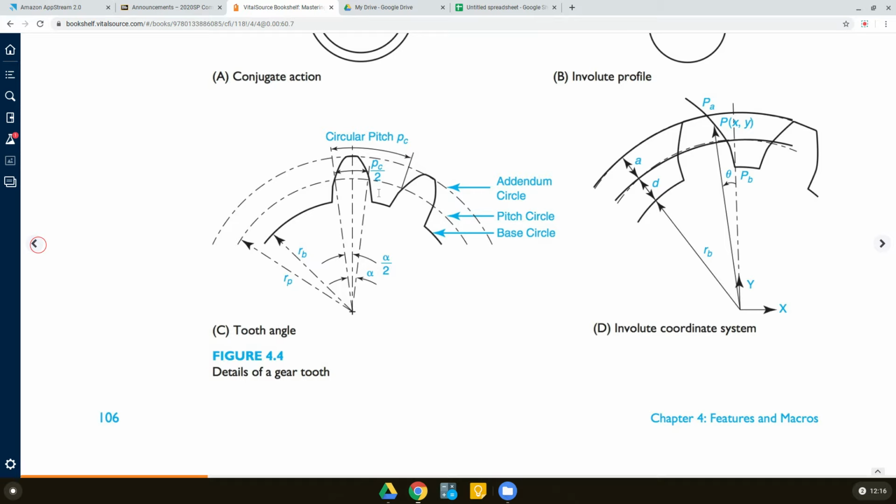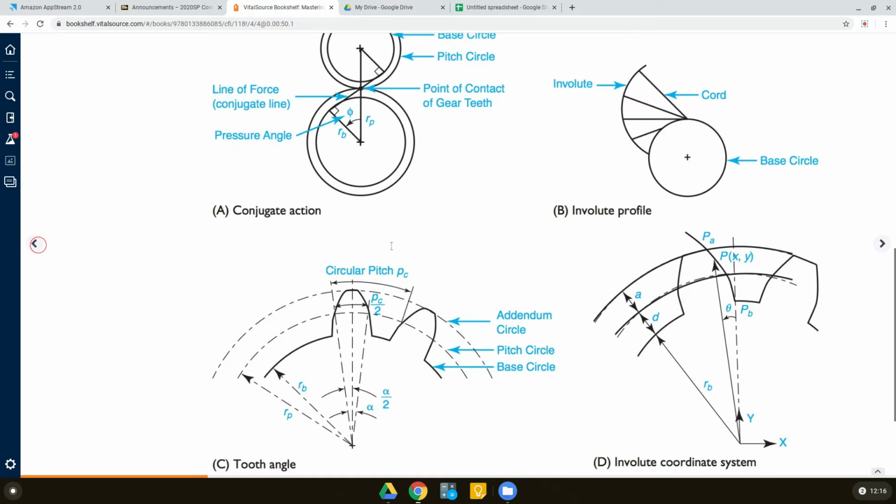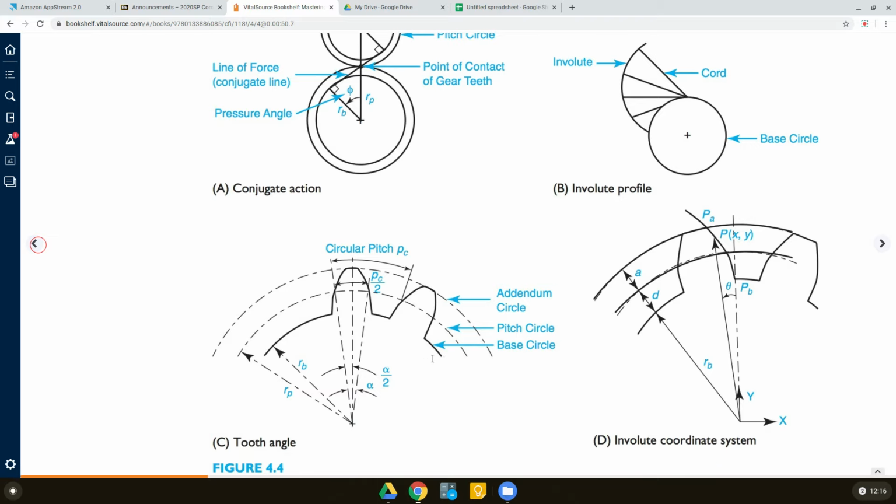Pitch circle is where the action happens. If they were circular plates instead of gears, they would touch each other on the pitch circle, right? In this case, the dedendum circle and base circle are the same, and then there is another circle that is not shown here, which is called the root circle.